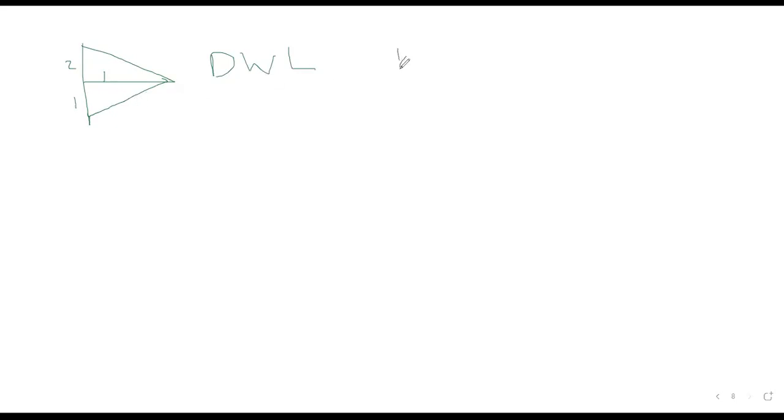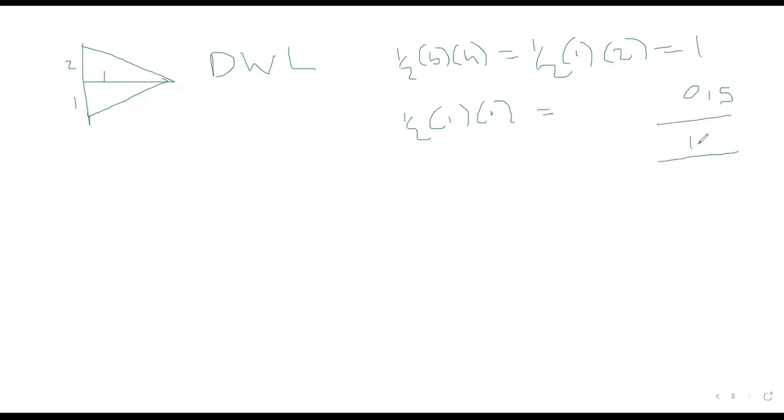So just find the area, half BH, so half base is 1, the height is 2. Get a 1 there. And half, this one is 1 and 1. You get a 0.5. When we add these two, we get 1.5. This is called our deadweight loss.